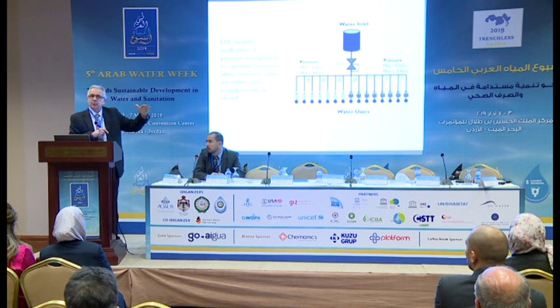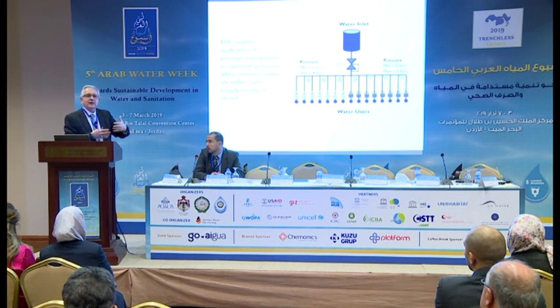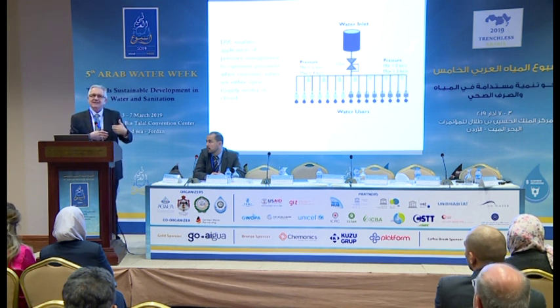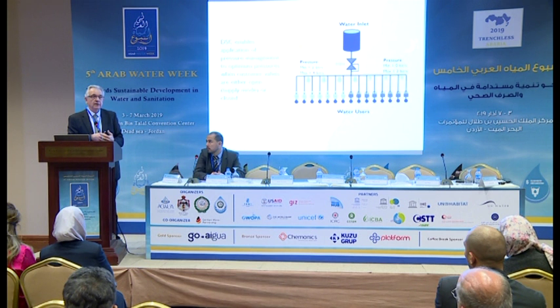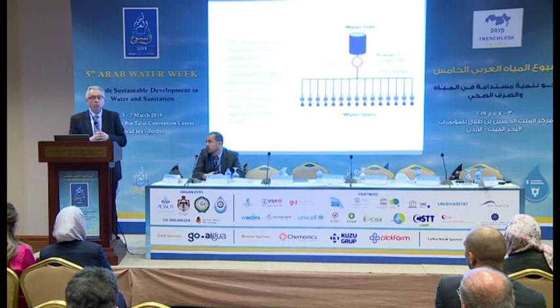In the other areas, we can continue and we can control pressure. We can actually do pressure management in supplying the water to our customers. So pressure management is possible under this condition.